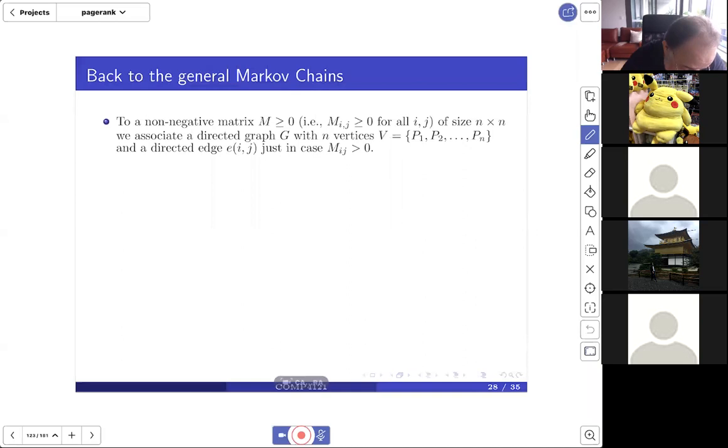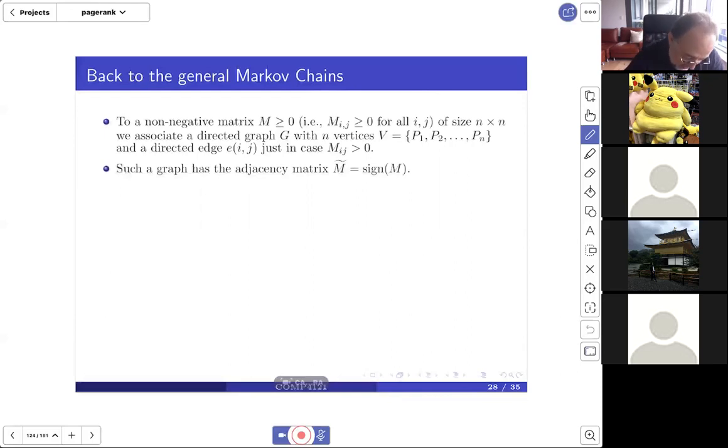Okay. So now back to general Markov chains. And this now introduces some general stuff about graphs and matrices.